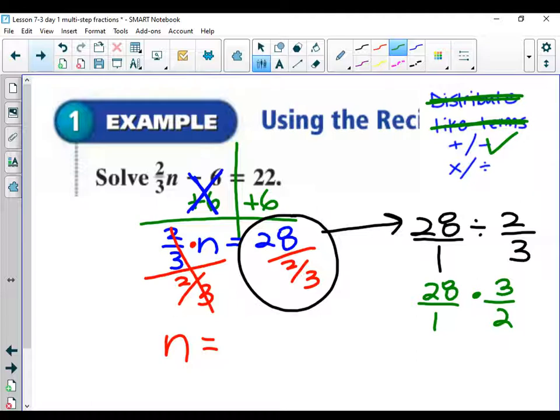And then actually there's two types of people. Some people like to simplify first. Some people like to simplify last. No matter which type you are, we're going to all get the same answer here in a moment.